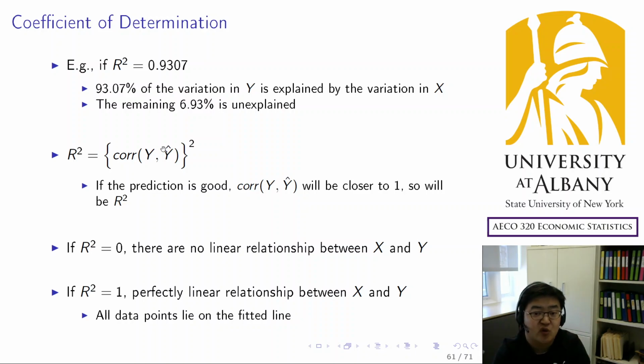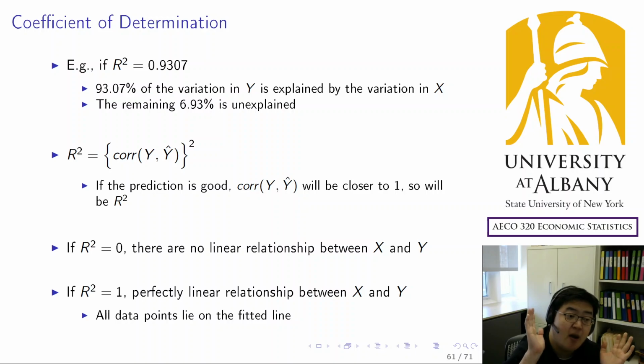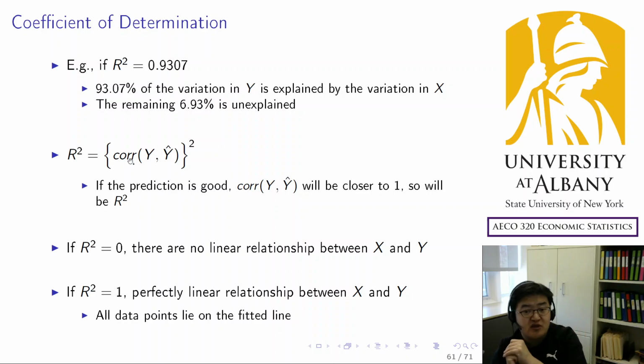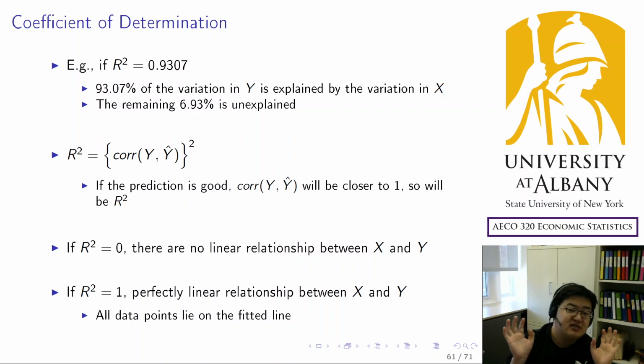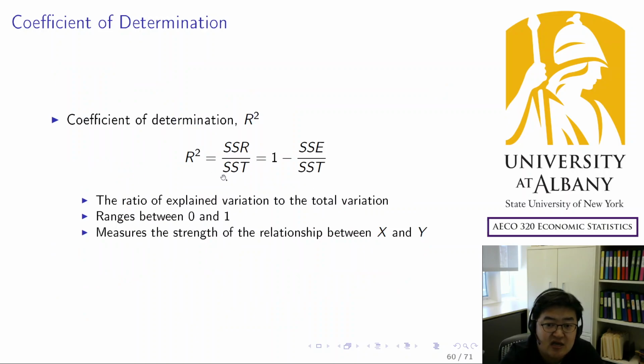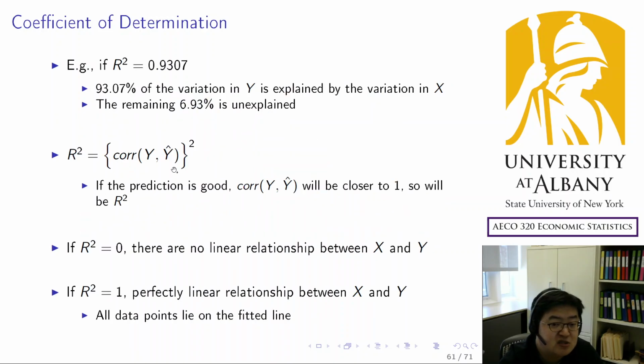Of course, if your prediction is perfect, then the correlation coefficient will be 1. And if the correlation coefficient is close to 0, that means your prediction is bad and there will be larger residuals. Mathematically we can show that R square is actually the square of the correlation coefficient.